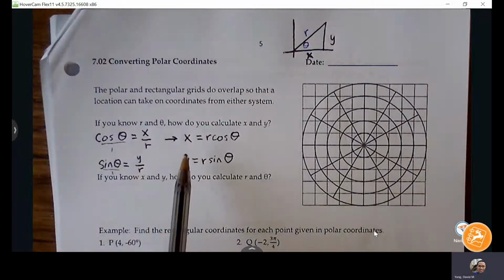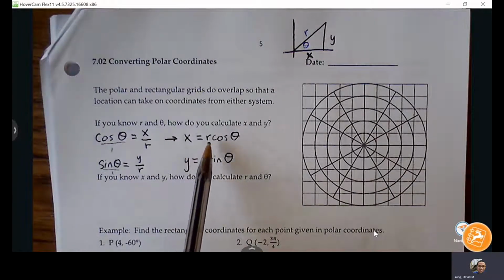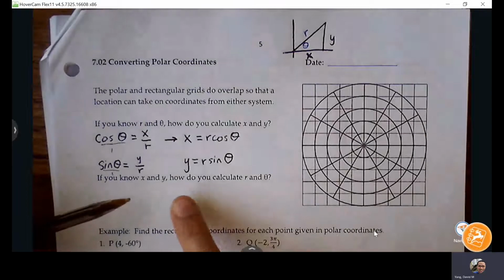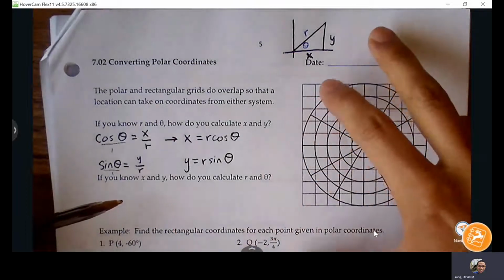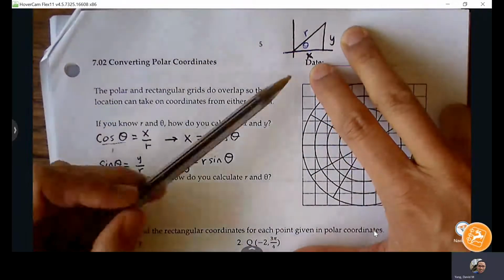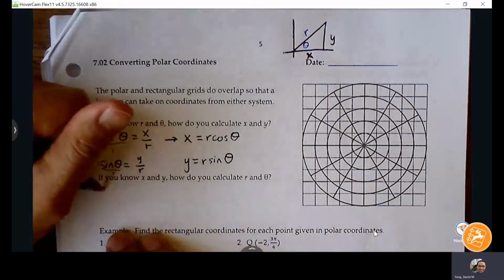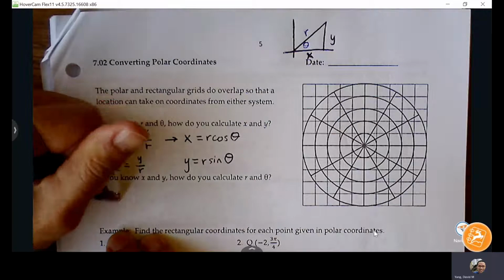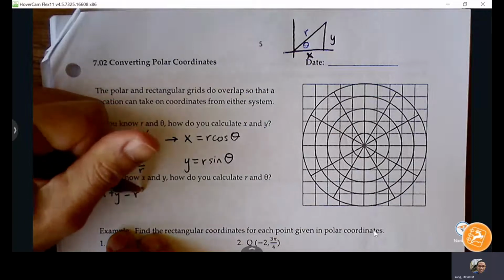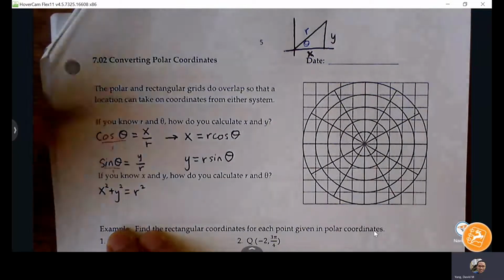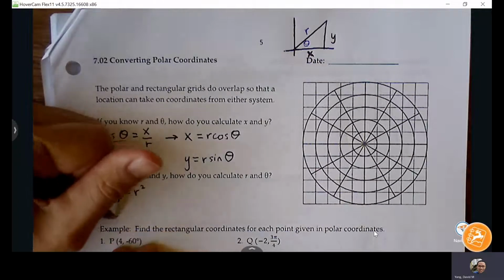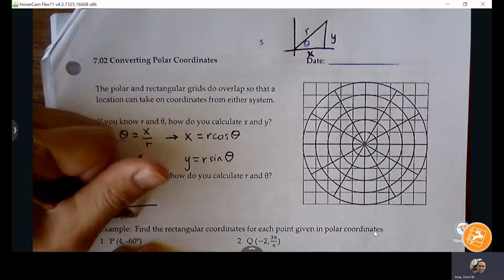Okay, so we recognize this from vectors, right? Component form: magnitude cosine theta, magnitude sine theta. And if you know x and y, we can calculate r and theta. Pythagorean theorem will get us to r, just like we saw in vectors. Since x squared plus y squared equals r squared, if I take the square root, r is simply the square root of x squared plus y squared.